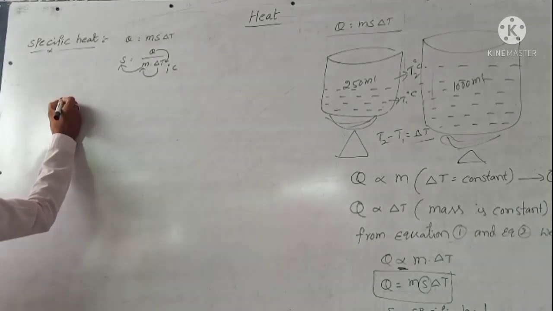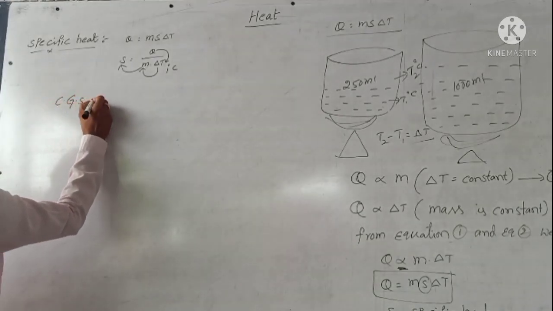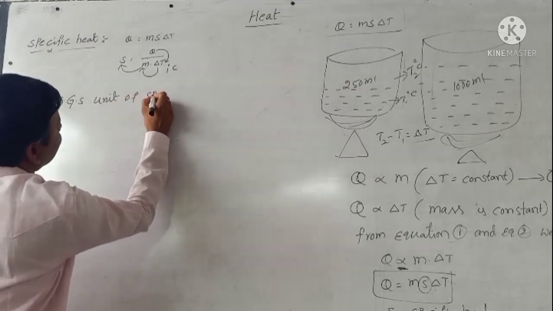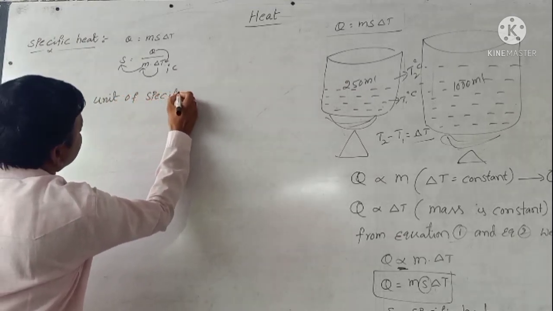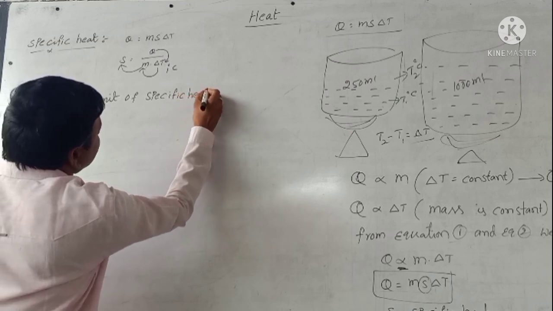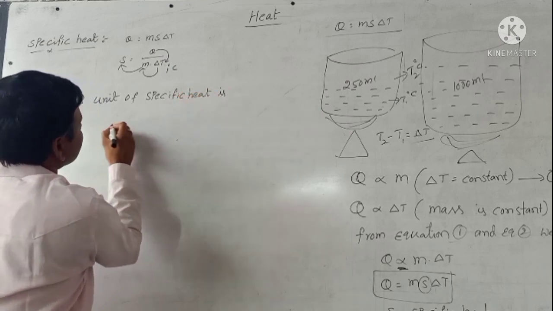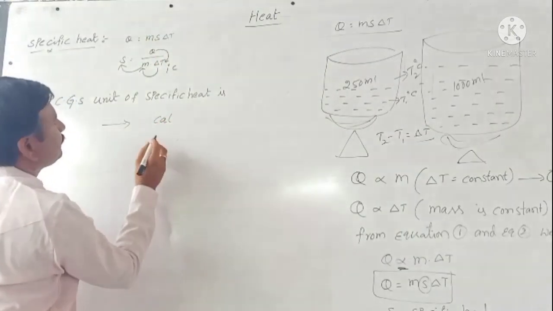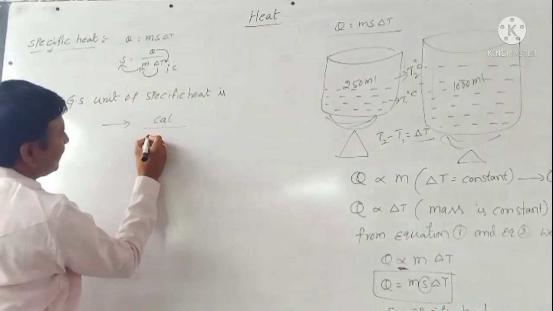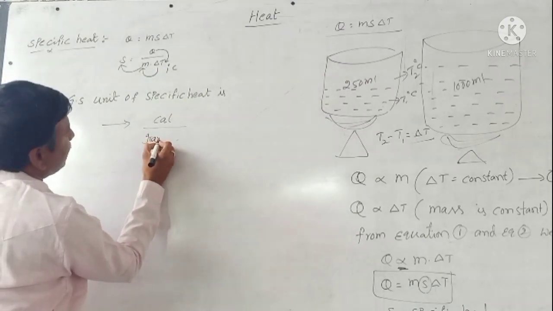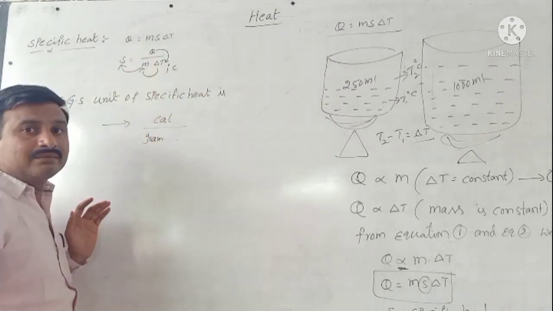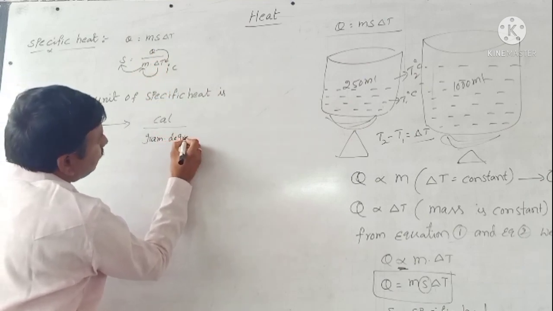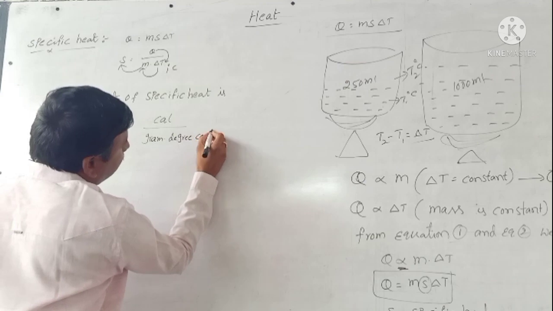CGS unit of specific heat is Q by m delta T, that is, calorie per gram degree centigrade.